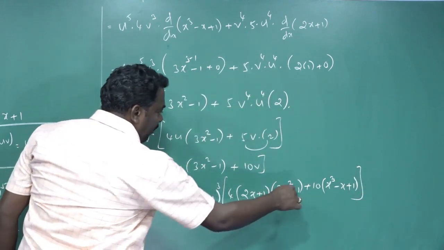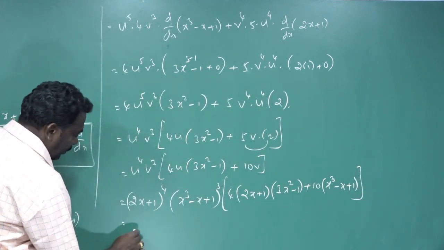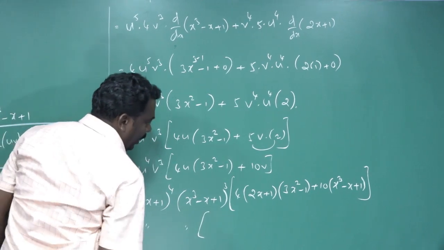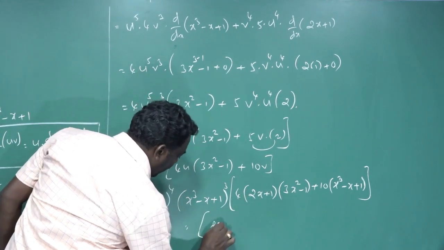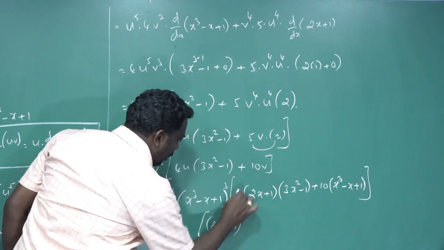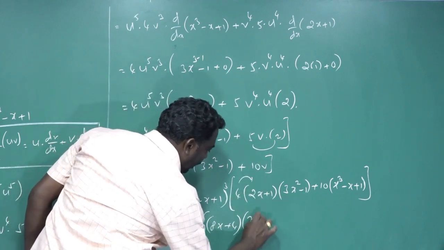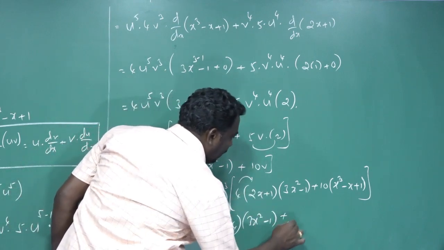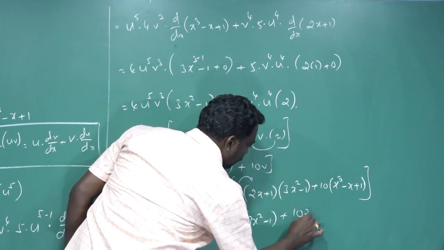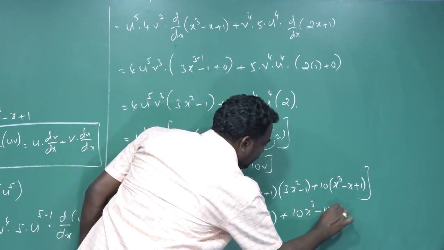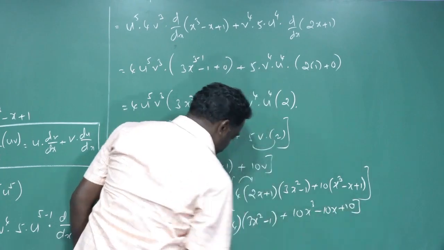Just simplify the bracket term; the outside terms stay the same. Within the bracket, multiply 8x plus 4 into 3x square minus 1 as it is, plus 10 x power 3 minus 10x plus 10.